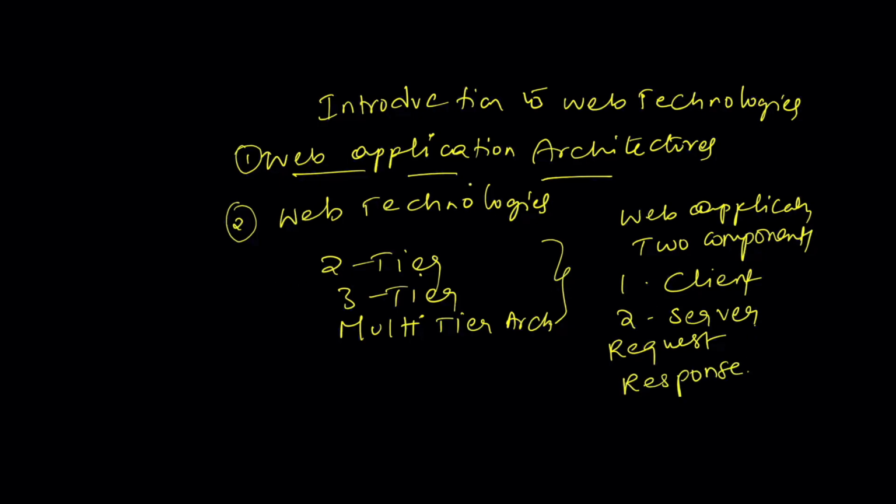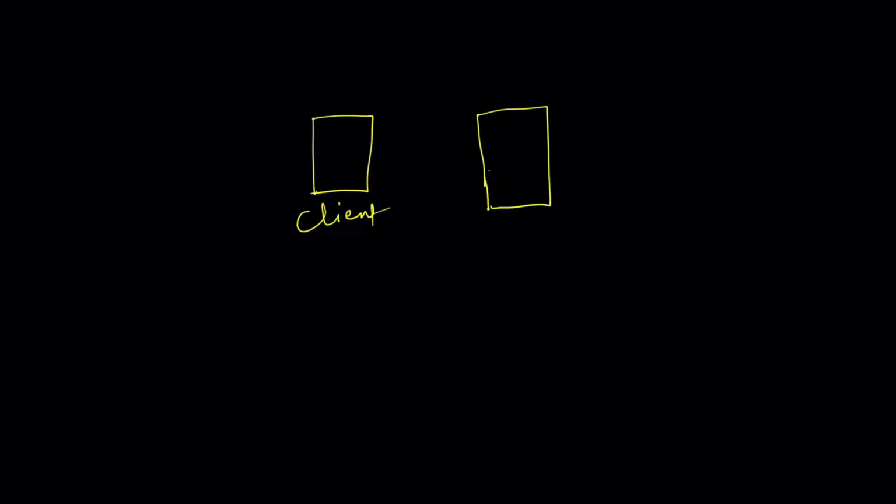Let us see diagrammatically what these are. Generally, a machine associated with the user is known as a client machine. A server that reads the request from this client is known as a server. Both are machines. In your web browser like Chrome, you write some domain name, for example www.google.com, and send this to the server.